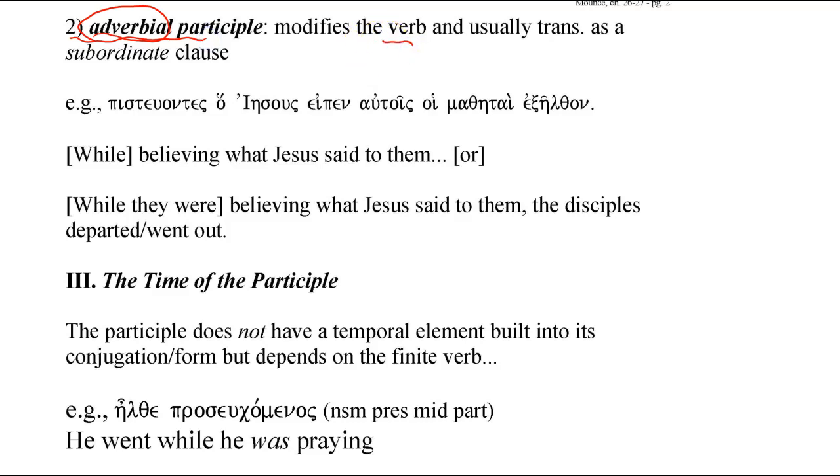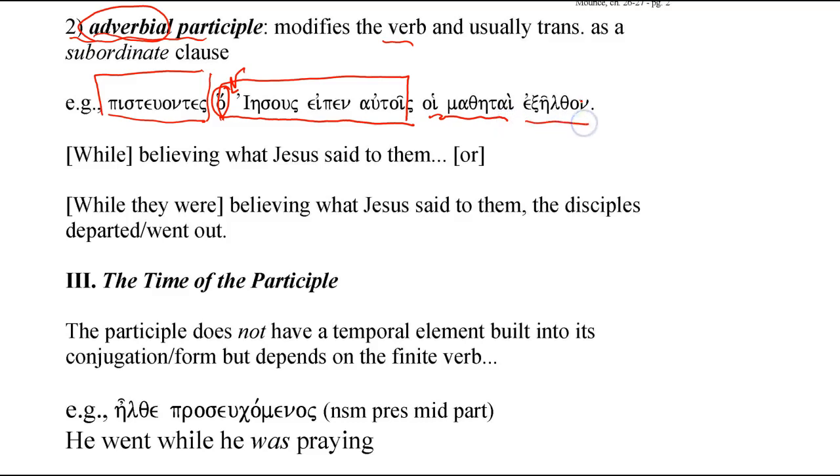And so in this example, pisteuontes, this is the participle, this ha here, what or the thing that Jesus said to them. And then you have hoi mathetai exelthon. So the main sentence is the disciples went out.